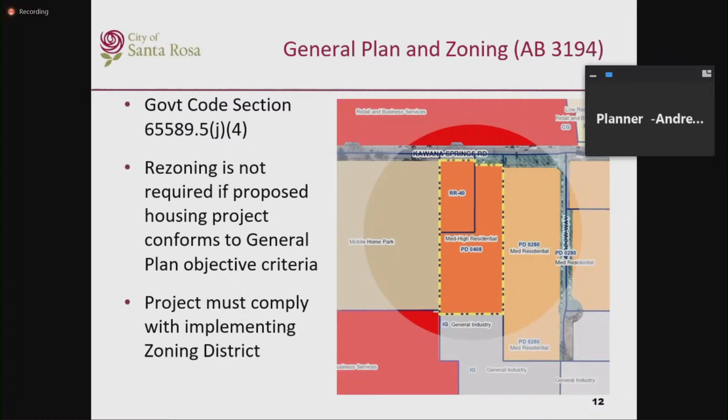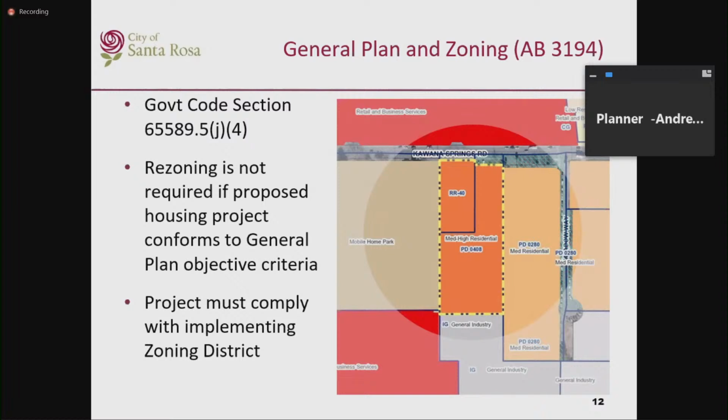However, California Government Code Section 65589.5, which is the Housing Accountability Act, has been amended to allow a proposed housing project that is consistent with general plan objective criteria on a site where the zoning does not implement the general plan land use designation. So that amendment to the Housing Accountability Act was applied to this project site.